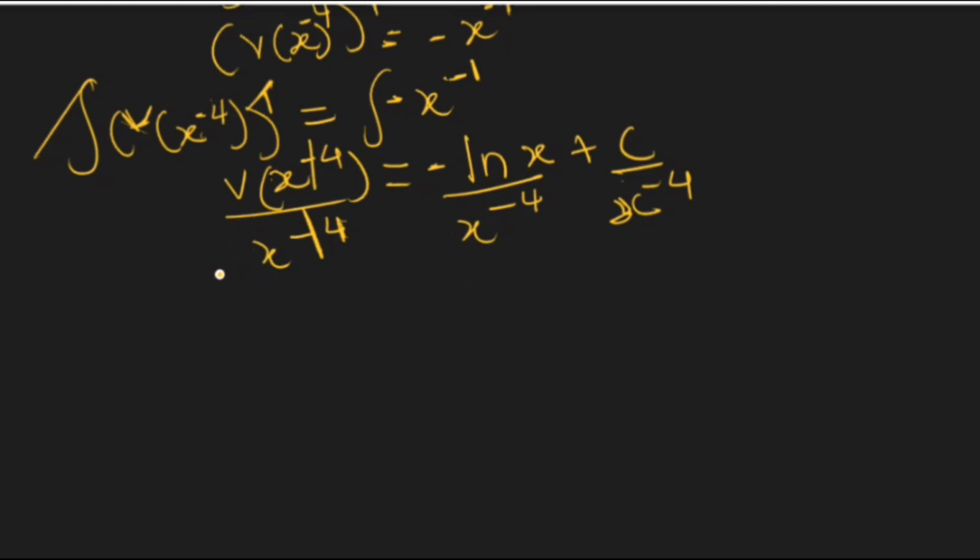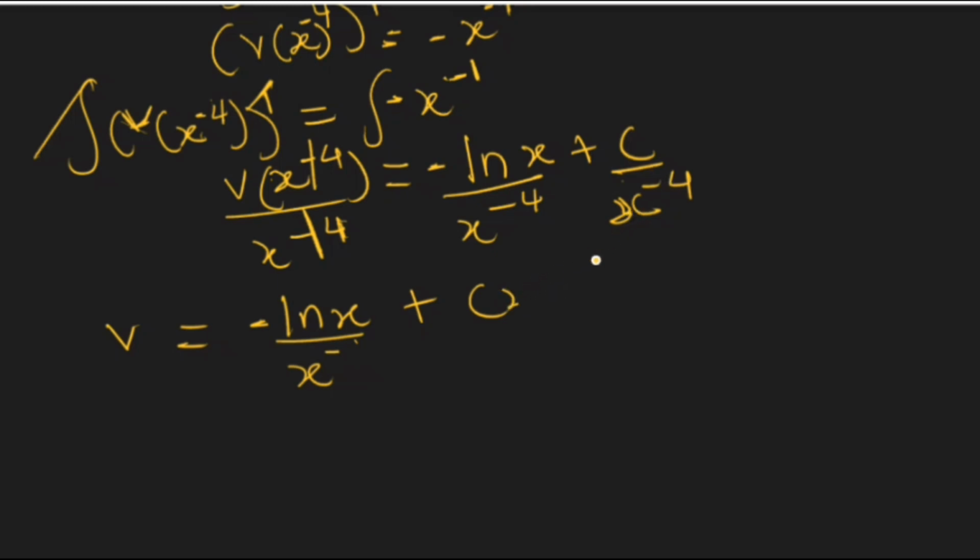So my v is simply equal to negative ln of x all over x to the power minus 4, then plus c x to the power 4, because this is negative already.